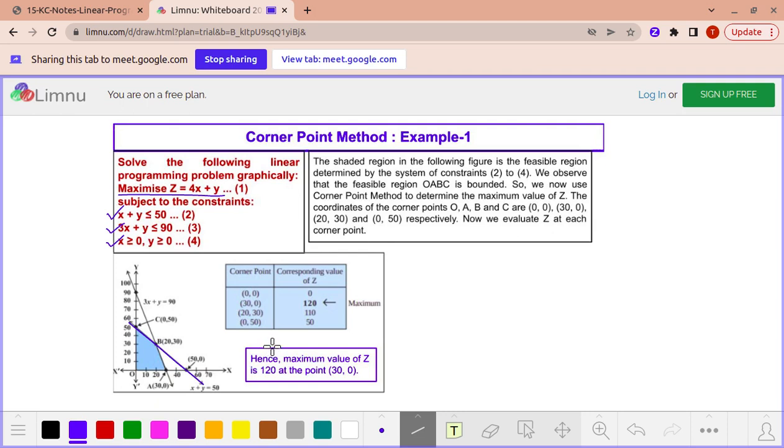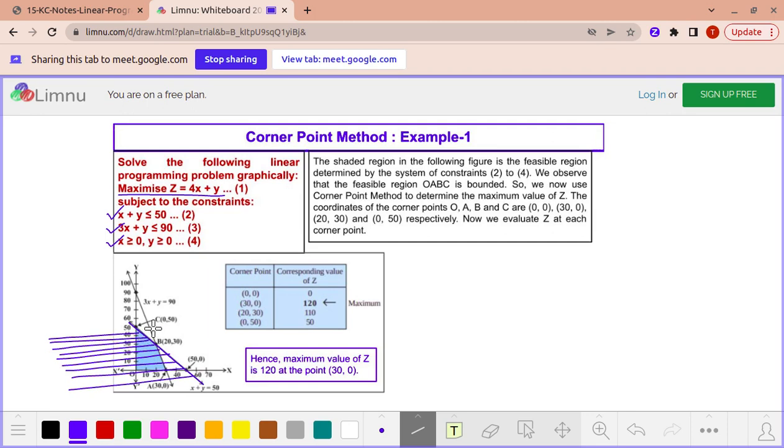Now, according to our constraint, it is x plus y less than or equal to 50. When it is less than or equal to, dear students, we will consider the left hand side of the straight line x plus y equal to 50. So, this is the region, whatever I am drawing with the blue color straight line.